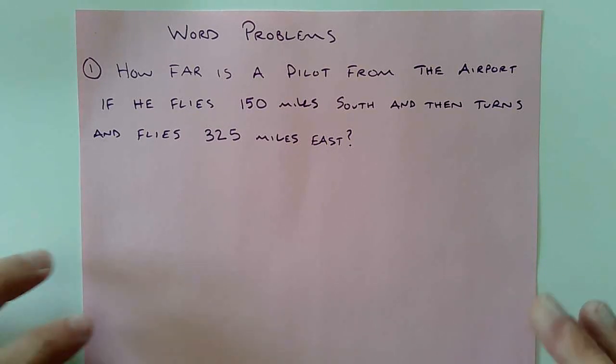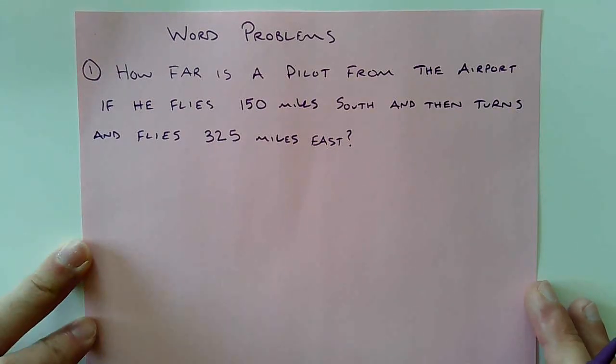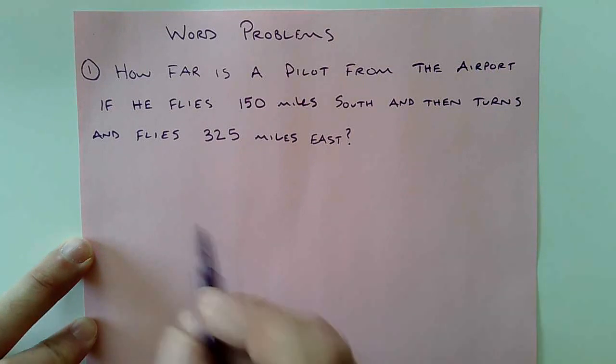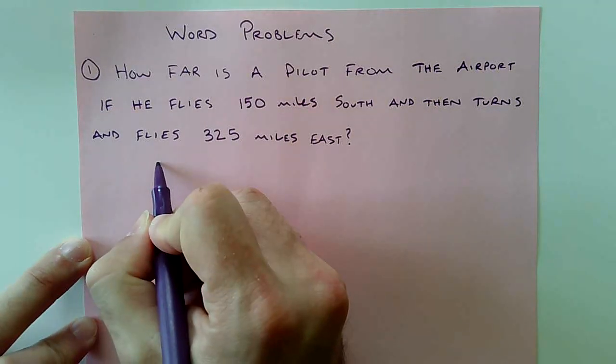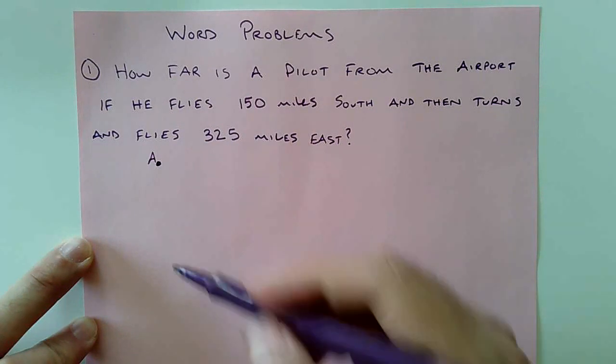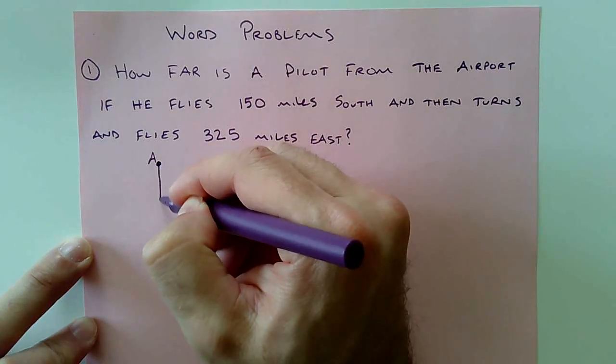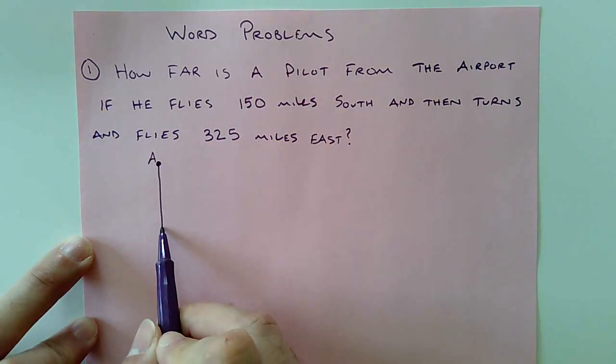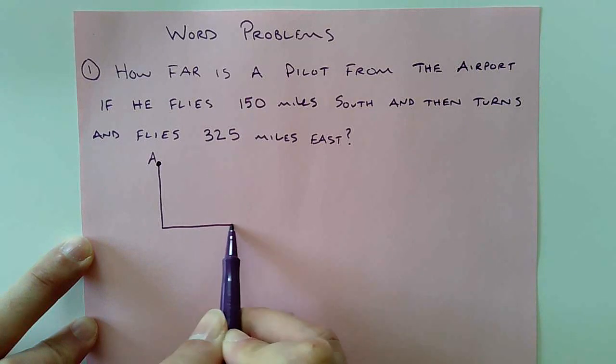So how far is a pilot from the airport if he flies 150 miles south and then turns and flies 325 miles east? All right, so I'm going to just draw a picture. I have my pilot. I think this is the airport. He is flying south and then he is flying east.